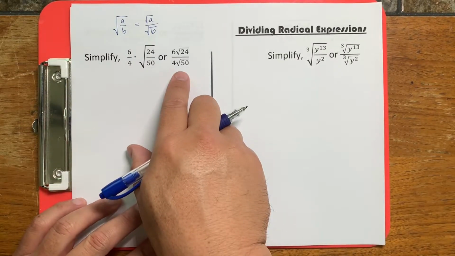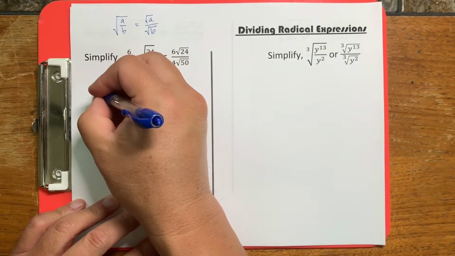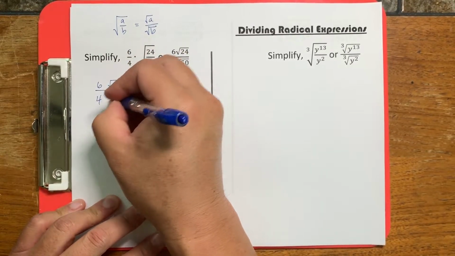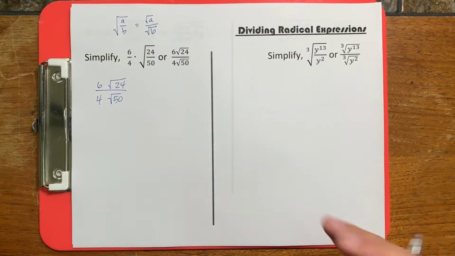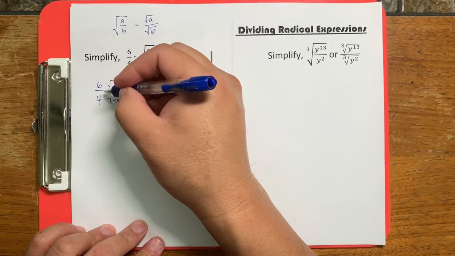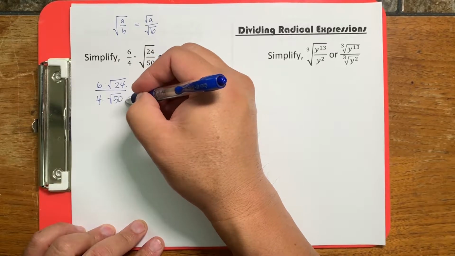So let me start with this, because this is one step beyond. We're going to go 6 over 4 square root of 24 over square root of 50. The way to think about this problem, whenever we deal with radicals, is that the outside interacts with the outside and the inside interacts with the inside.